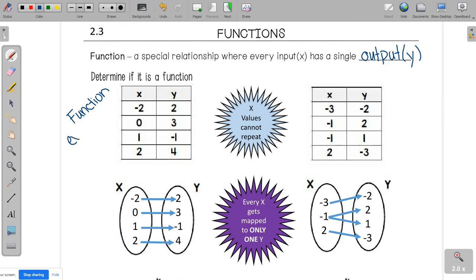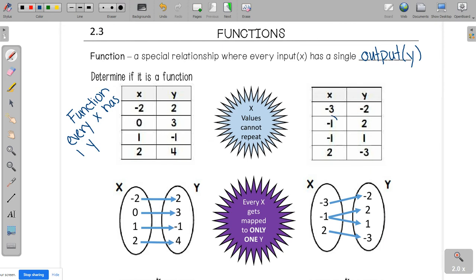So every x has one y. Let's look at this table here. You have -3, -2, -1, 2, -1, 1, and 2, -3.